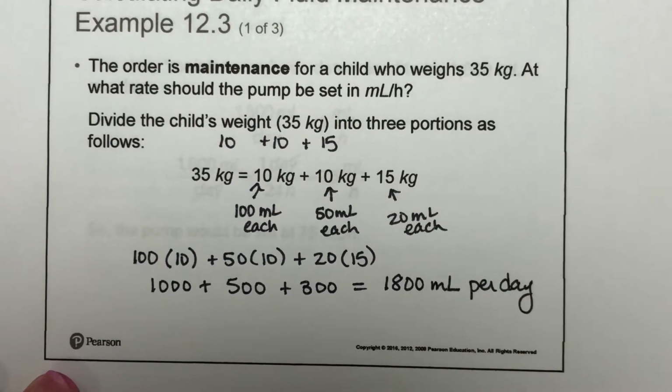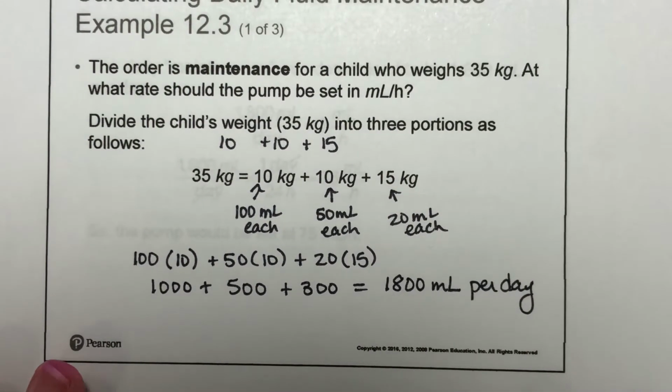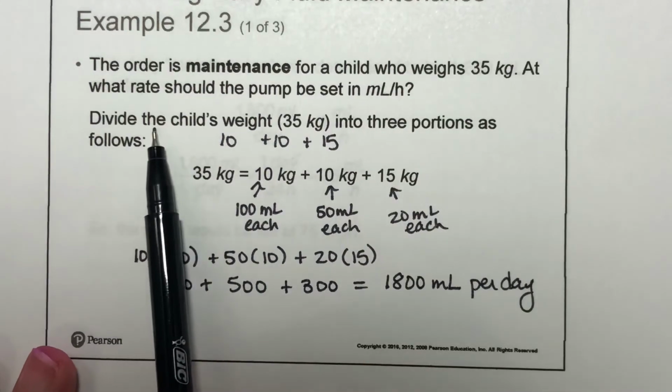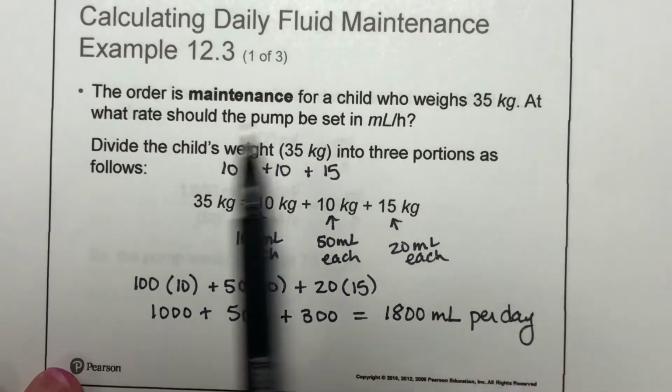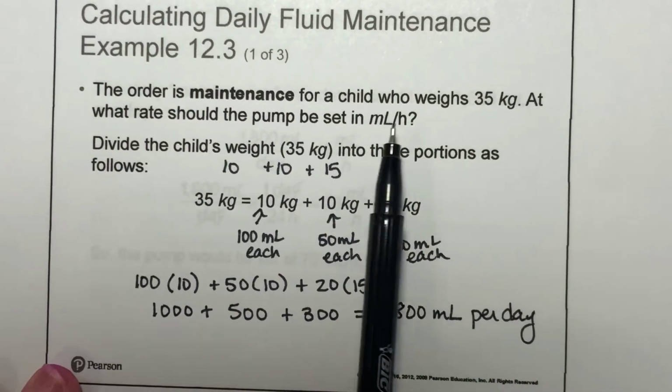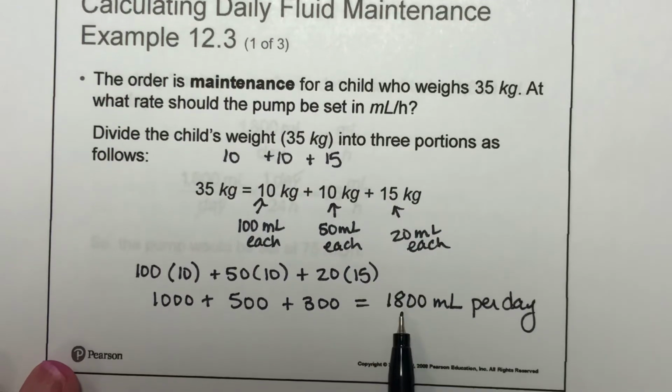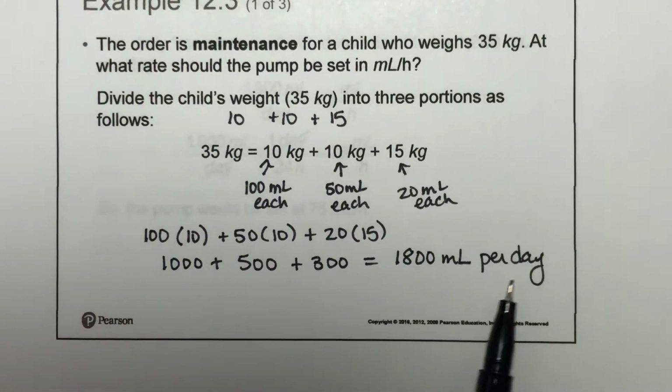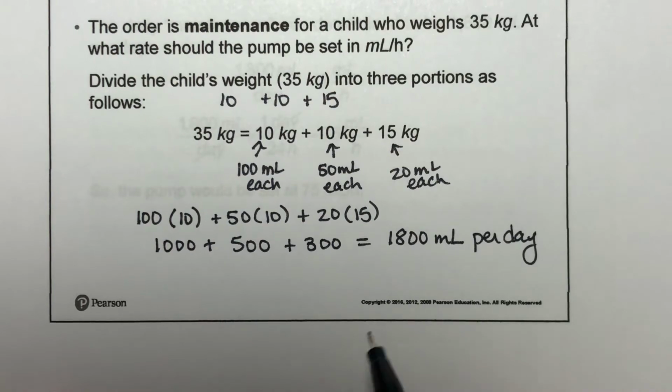Okay, so we found out how much fluid the child needs over the course of an entire day. We are asked what rate the pump should be set in milliliters per hour. And this is right now milliliters per day. So let's convert this to milliliters per hour.